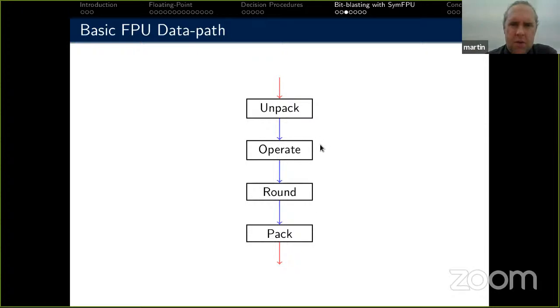But for most operations, so what actual hardware does and what our encoding does, the first thing you have to do is unpack that. So there's a way of encoding this is not a number. Actually, you probably want a single flag saying this is not a number. You probably want flags for infinities.